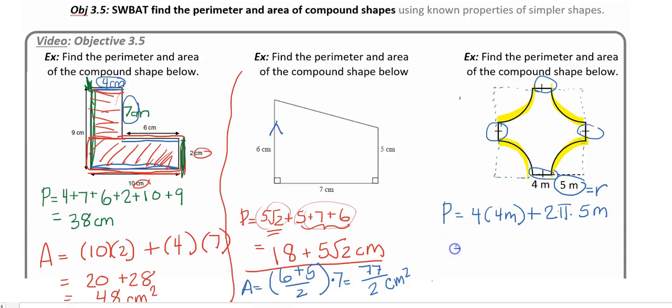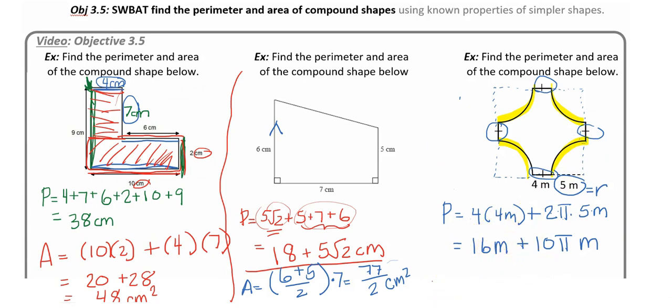So apparently the full perimeter of this shape, summing up all the outer edges, is 16 meters plus 2 times 5 times pi, 10 pi meters. So that's the perimeter. You get the 16 meters from the segments that are 4 meters each, and you get the 10 pi meters from the curved portions that together make up one complete circle.